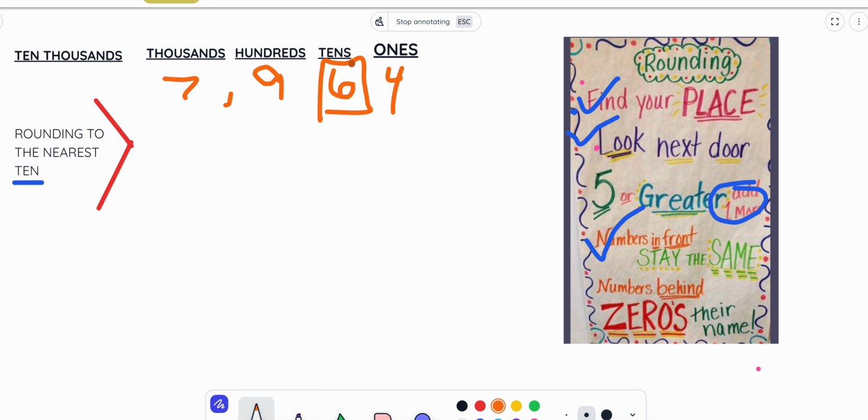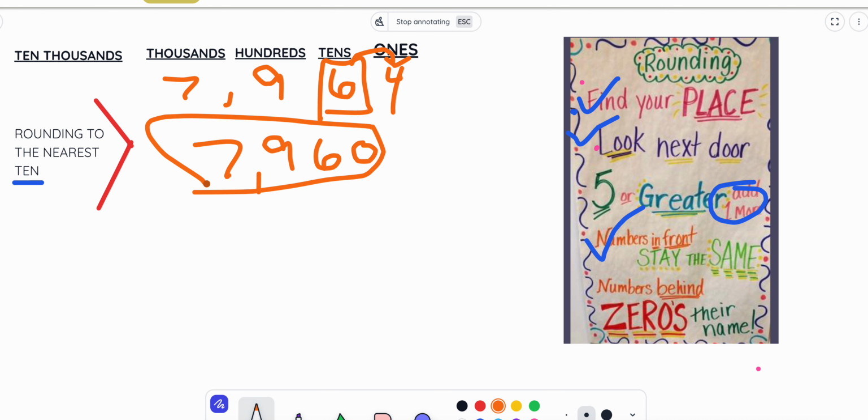Find your place. Look next door. Is it 5 or greater? Nope. Then I don't have to add one more. If it was, I would. The numbers in the front stay the same. The numbers behind, 0 is their name. I just rounded to the nearest 10.